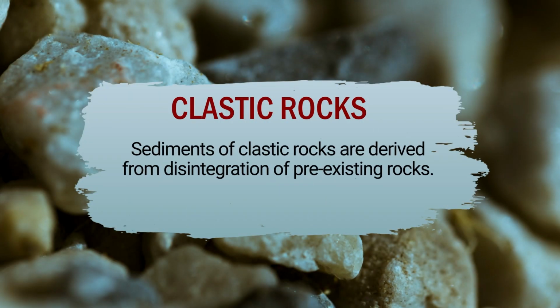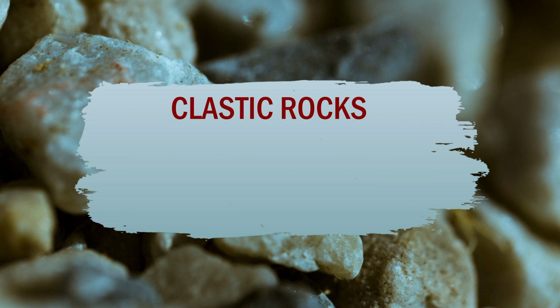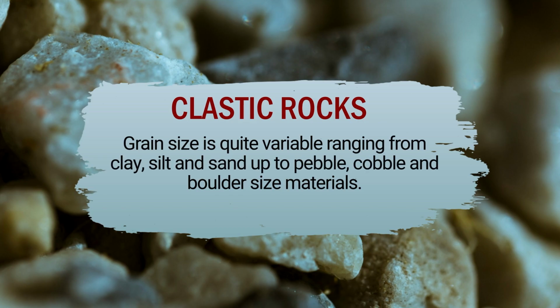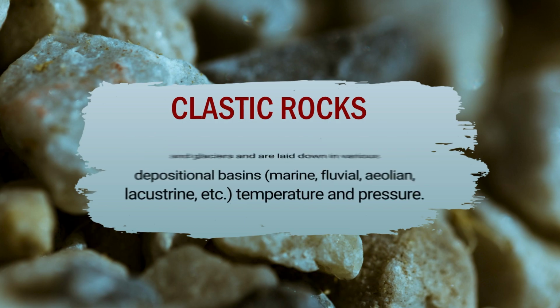Sediments of clastic rocks are derived from disintegration of pre-existing rocks. Grain size is quite variable, ranging from clay, silt and sand up to pebble, cobble and boulder size materials.